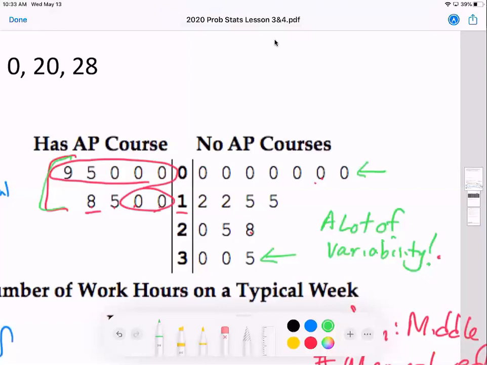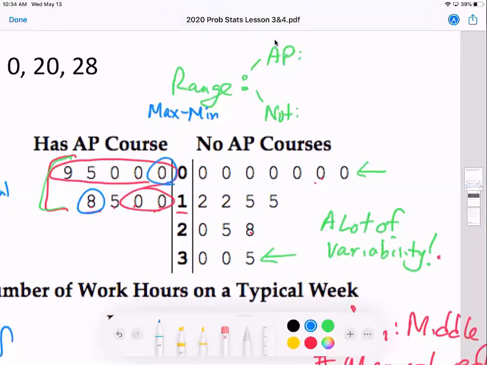So one way to measure variability is the range. The range is a measure of variability or a measure of spread. So for the AP courses versus the not AP courses, for AP courses, the range is the max number minus the min number. So the max is 18, the minimum is 0.